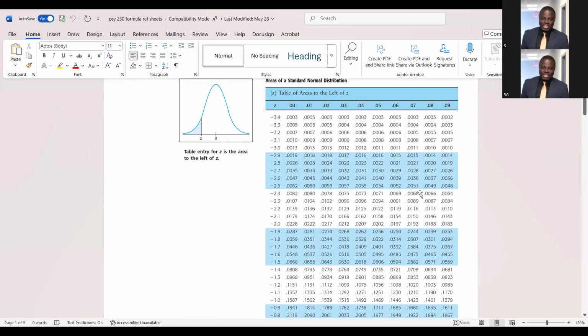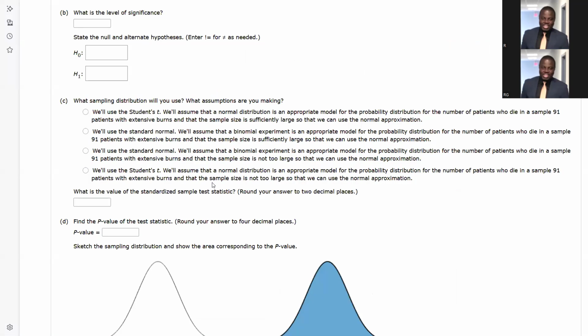This becomes my p-value, 0.0066. So I go back and put my answer there, 0.0066, and I'm going to put that in here for my p-value.